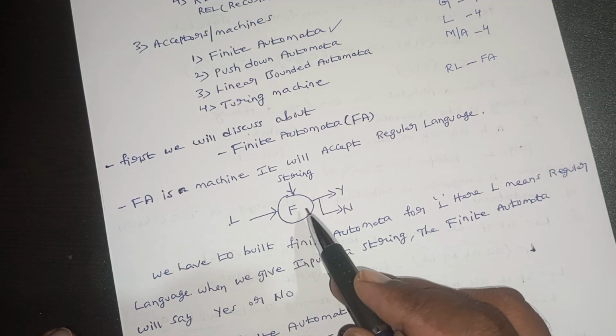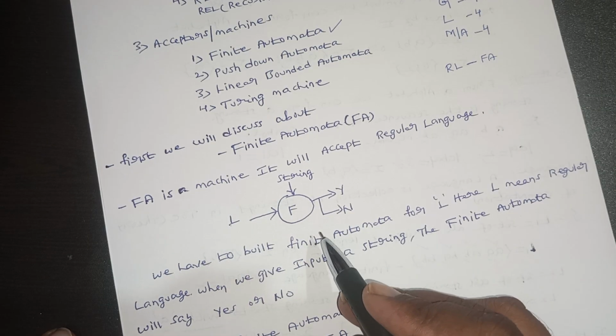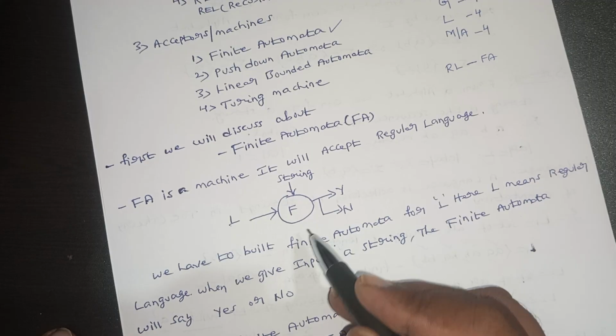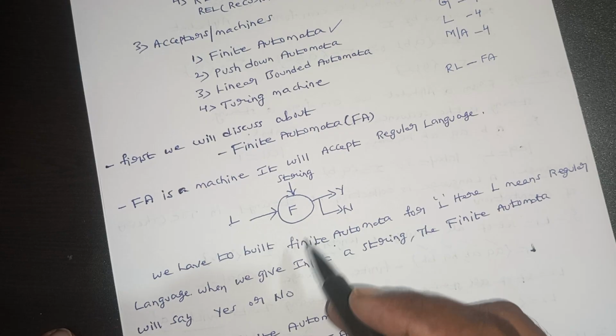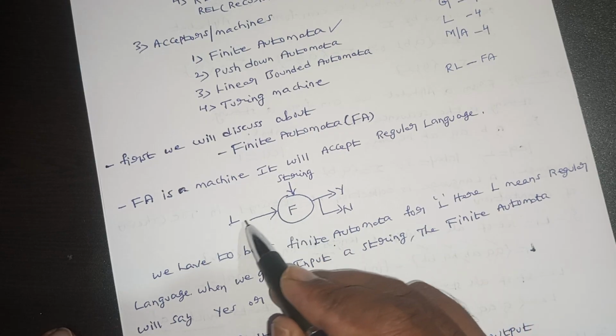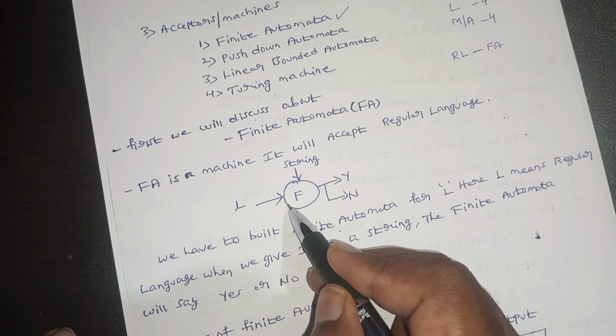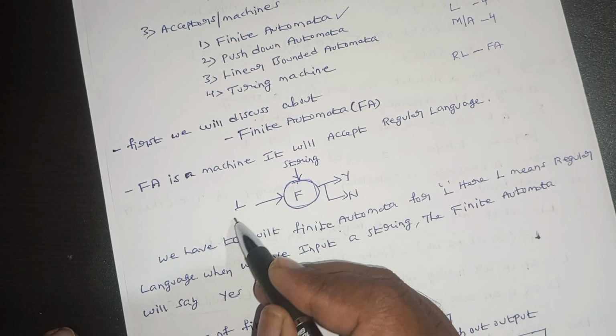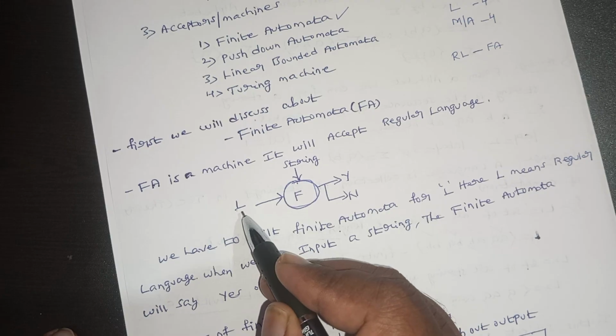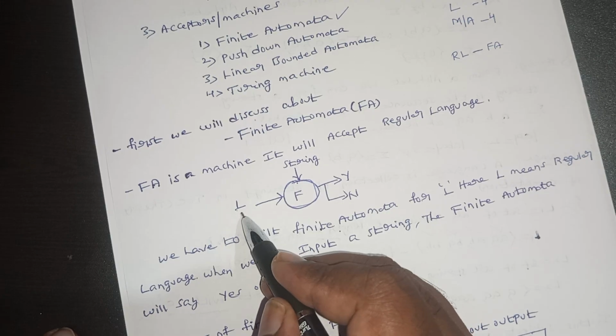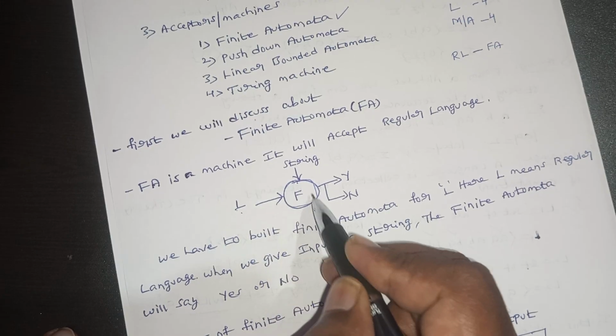Actually, what is an acceptor? That is a very important point. What is an automata or an acceptor? It means I am going to build one automata machine for a given language. Using this language I am building this model.